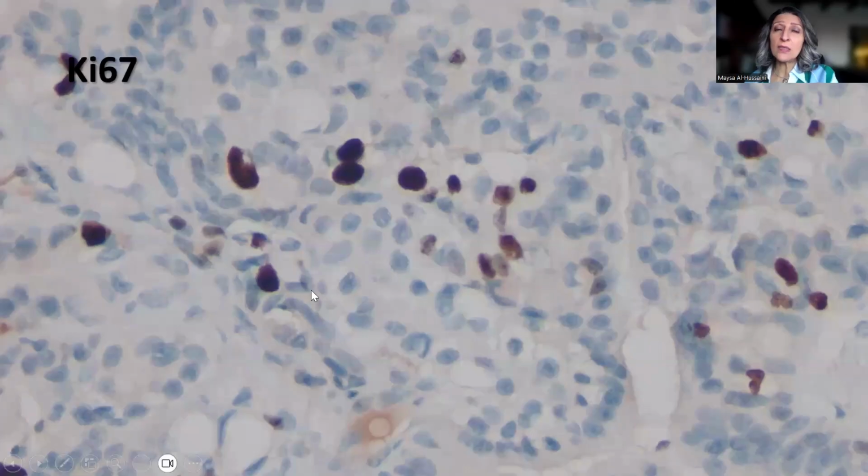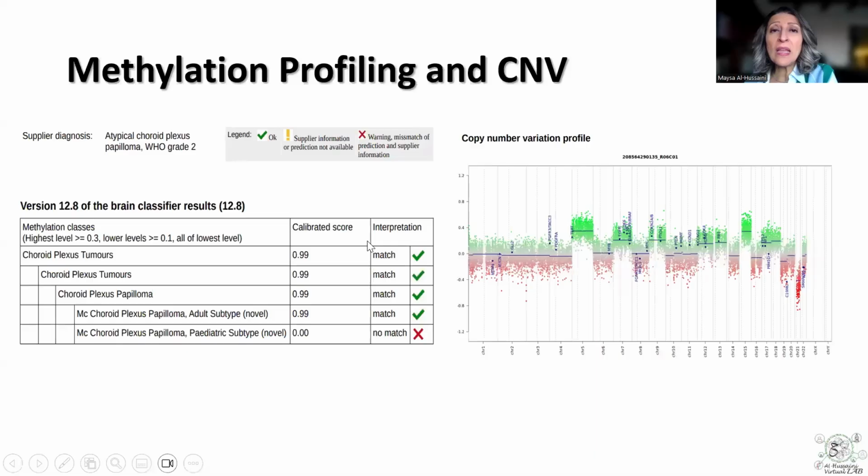For the Ki67, now, in addition to the mitoses that we have seen, atypical choroid plexus papillomas usually show a slightly elevated Ki67 proliferative index in the range of 5 to 9 or 10%. This is around 5%, as you can see in the image.